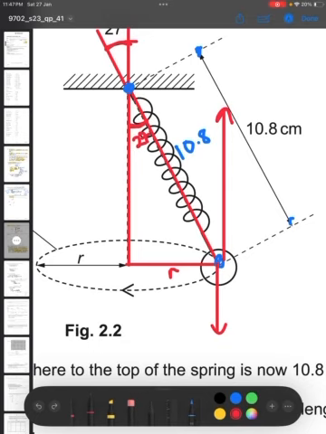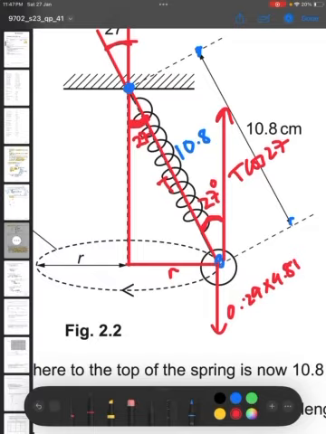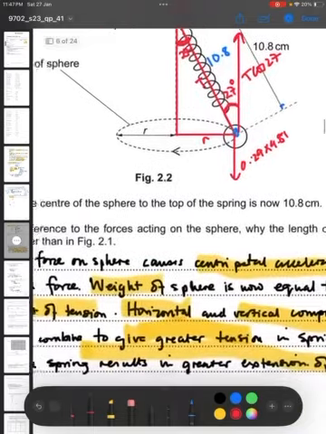Now, considering that this angle here and this other angle here make a Z angle, so there is 27 degrees also here. So if we say that the tension is T, its component of the tension vertically would be T cos 27, and the weight is 0.29 times 9.81. So we equate this and we are able to work for tension.